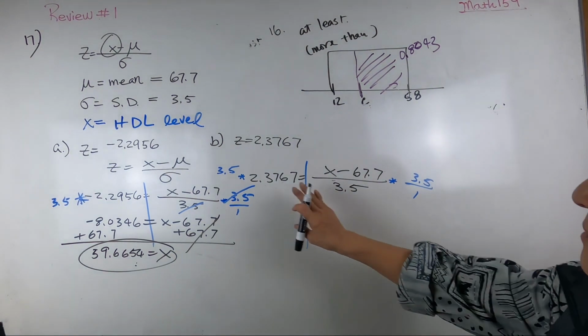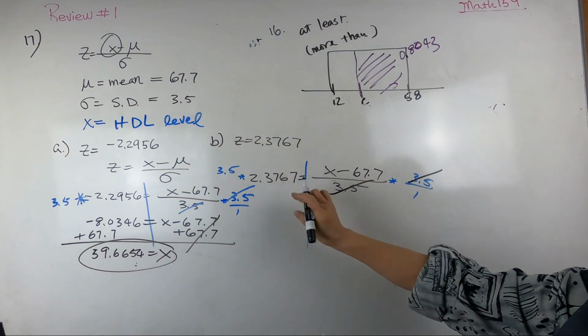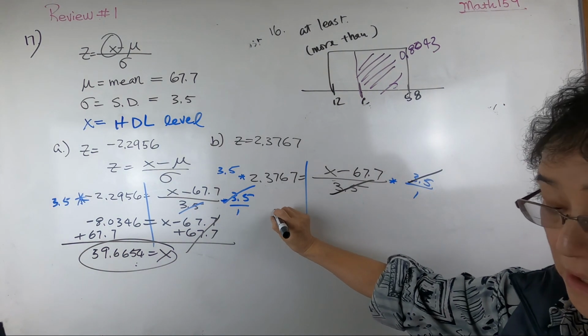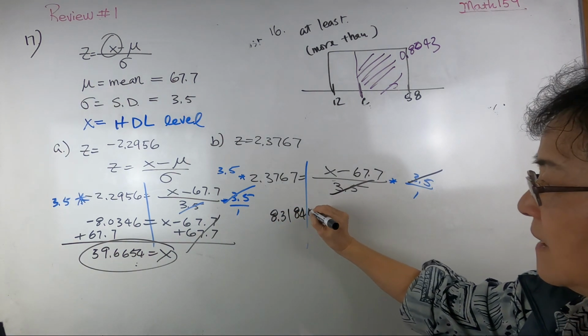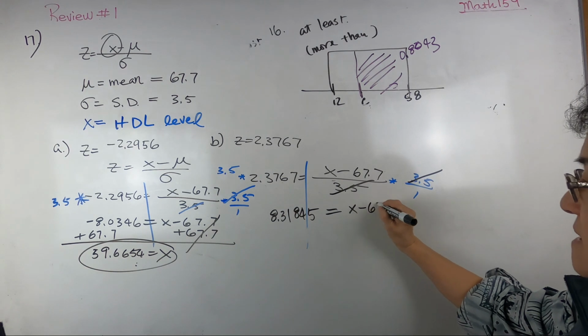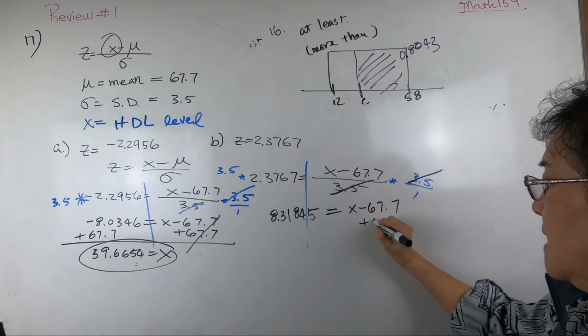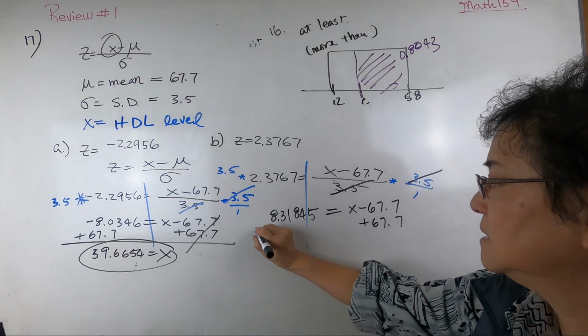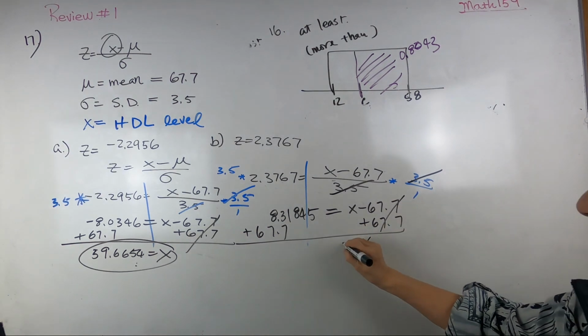Then for this one, multiply 3.5 on both sides. This one, you should have this number, 8.31845 equals X minus 67.7, right? Then you will add 67.7 on both sides. Then what's your X?